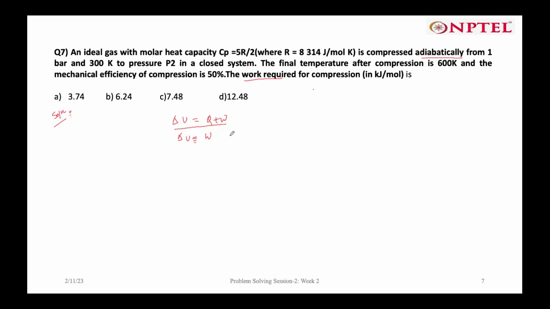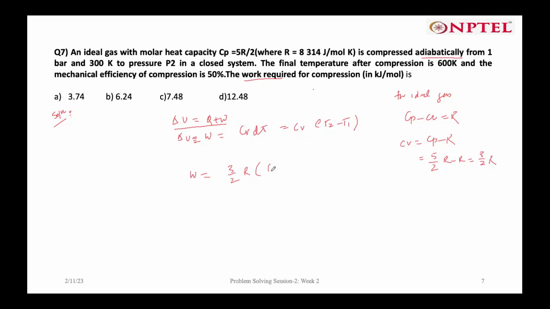Right. So we can write down, for an ideal gas, Cp minus Cv is equal to R. So Cv is equal to Cp minus R. So 5 by 2 R minus R is equal to 3 by 2 R. Here, 3 by 2 R times 600 minus 300.